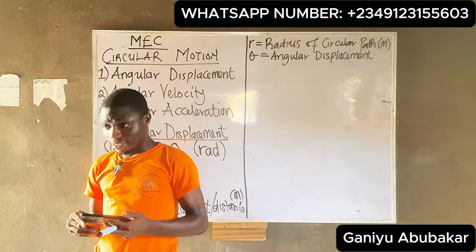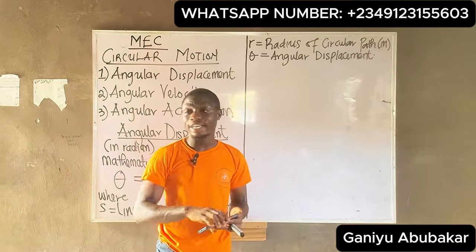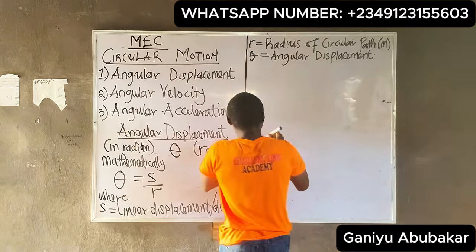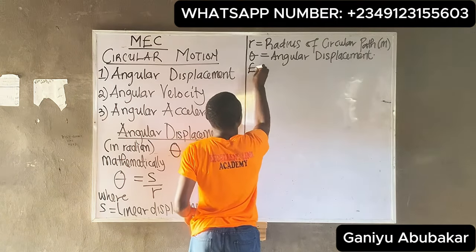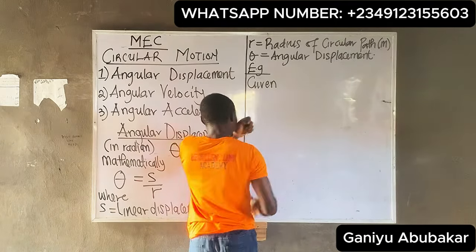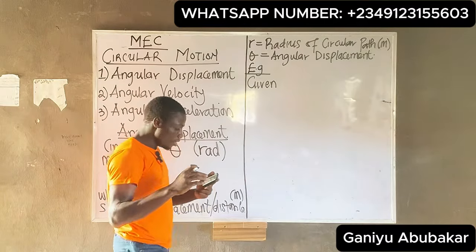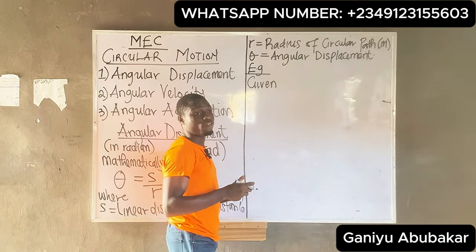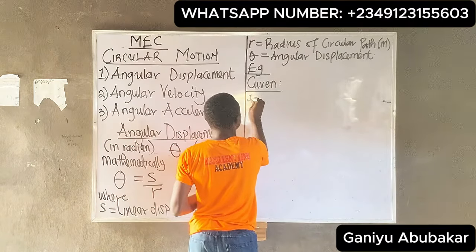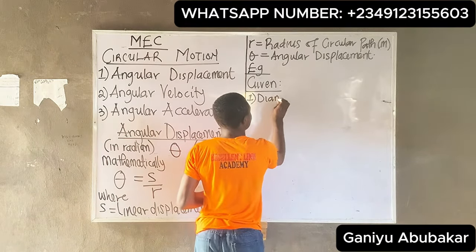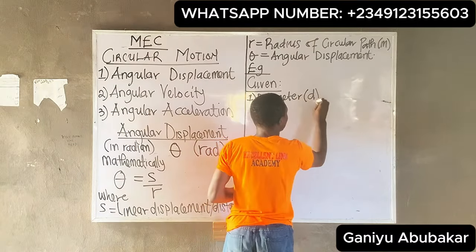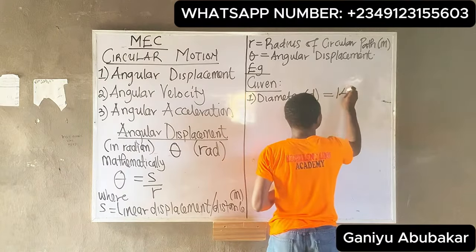Now, listen. Your first task in science is to list out what you are given. Help me check, please. From the workings there, what was given? So, given: number one, the diameter, D. What's the value for diameter? 14 meters.